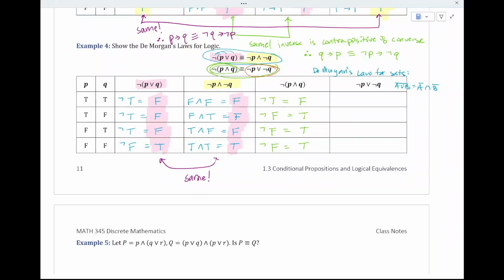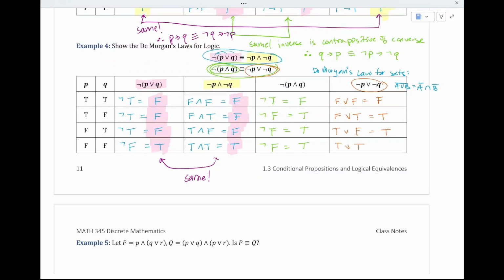Let's look at this one over here. Not P is false or false, which is false. I have false or true, which is true. I have true or doesn't really matter. In this case, it's false, which is true.